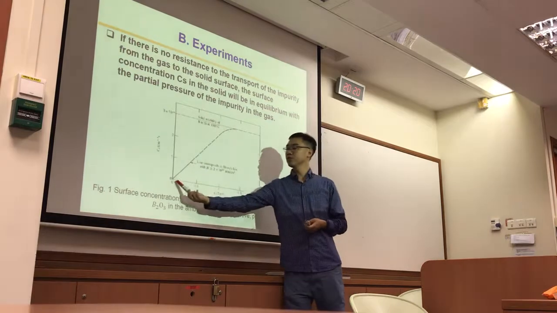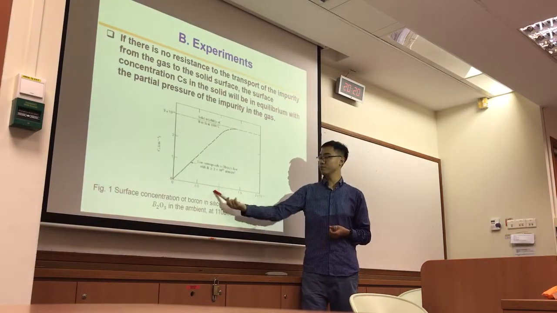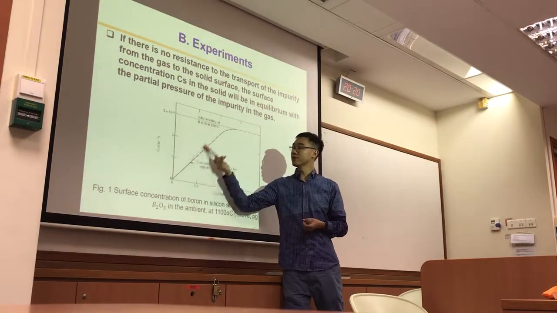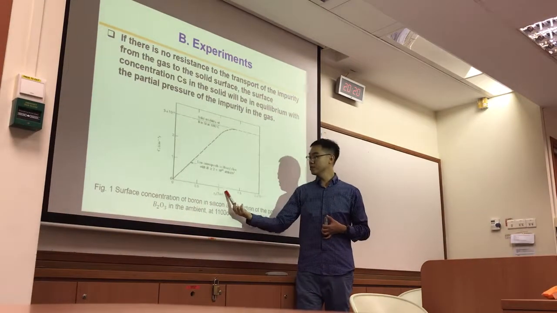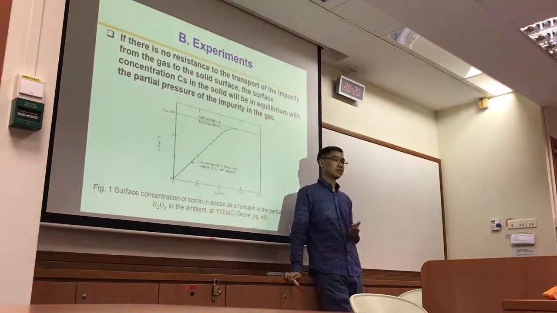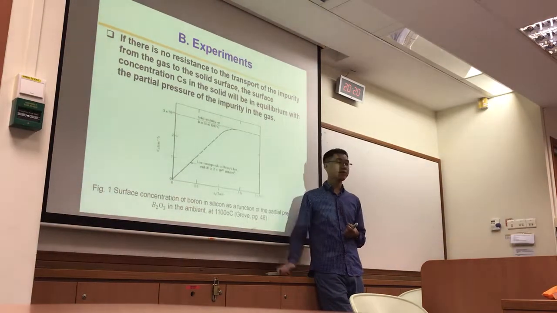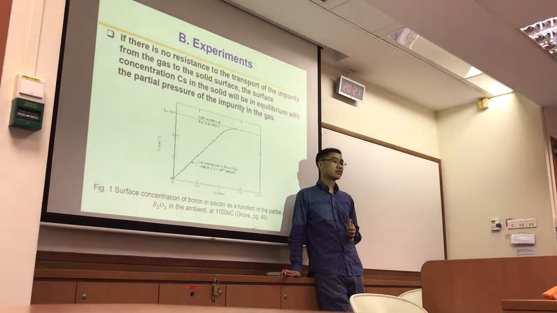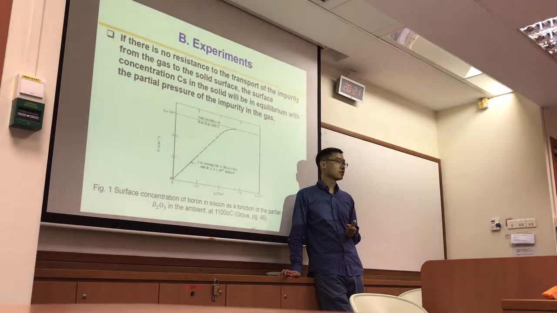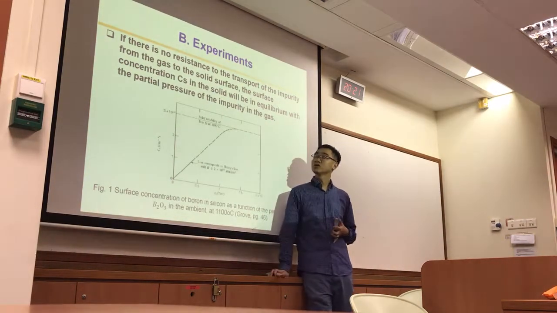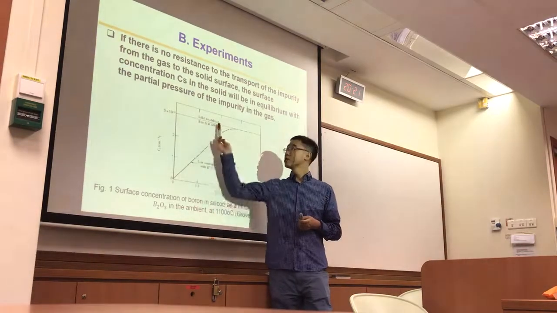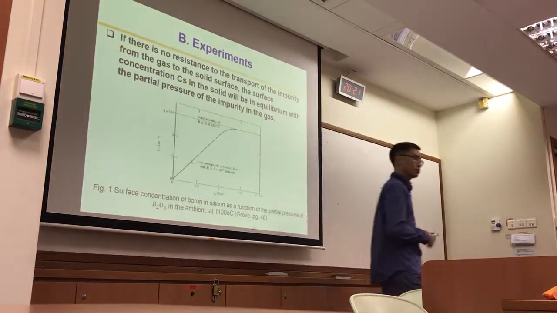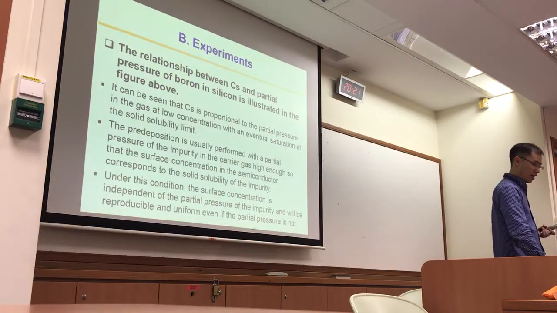You can see that initially when you increase the pressure, you see an increase of the concentration at the top surface. But once you reach a certain value, it's saturated. No matter how high you increase the pressure, you don't increase the dopant concentration anymore. Okay? And this is called solid solubility. It depends on what material it is. It also depends on the temperature.